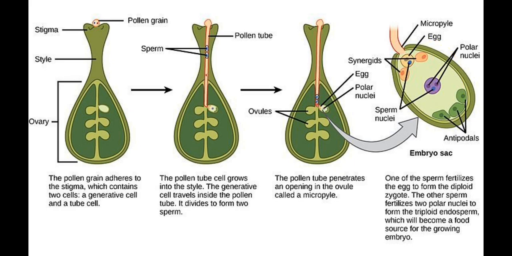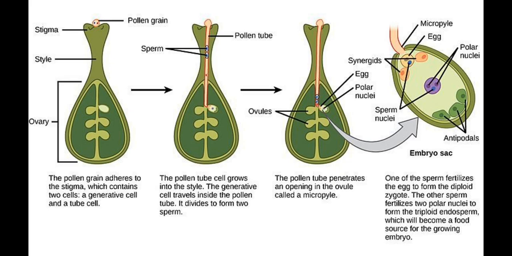And inside the ovary we have ovules. If it is 1 seed, then 1 ovule, and if it is many seeds, many ovules. But every pollen grain fertilizes only 1 ovule, only 1.